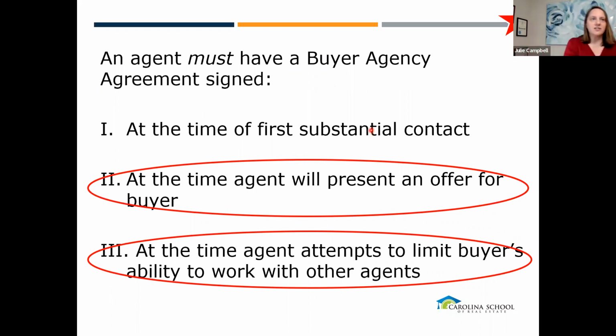So there's an agency disclosure, working with real estate agent disclosure, and then there's the buyer agency agreement. The disclosure is not a contract, the agreement is. So we do our first substantial contact with our working with real estate agent disclosure. When we're getting our buyer agency agreement signed, it's either at the time I'm ready to present an offer on your behalf, or if I tell you, you can only work with me and no one else.